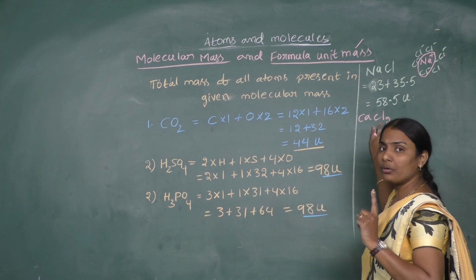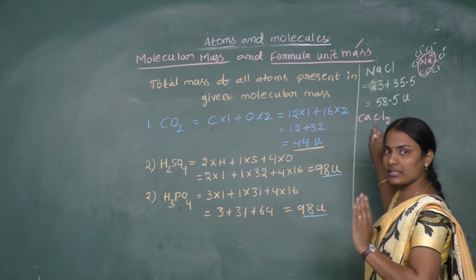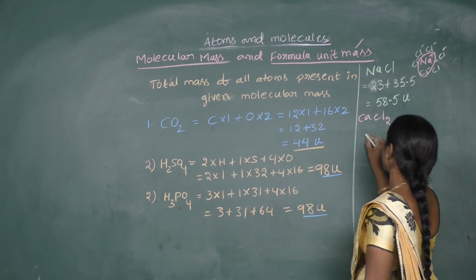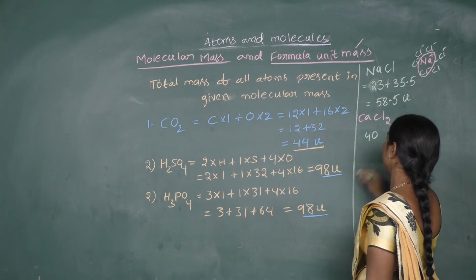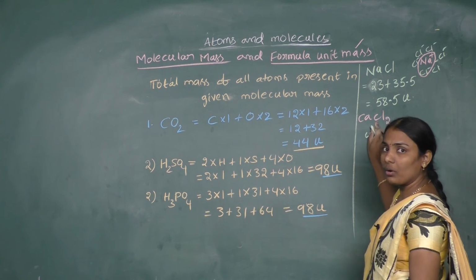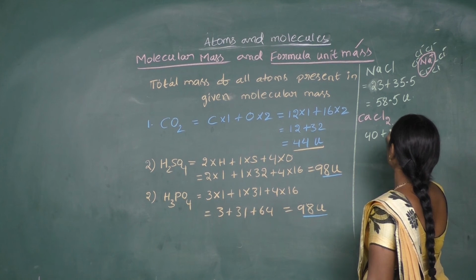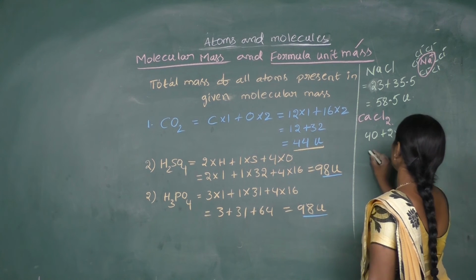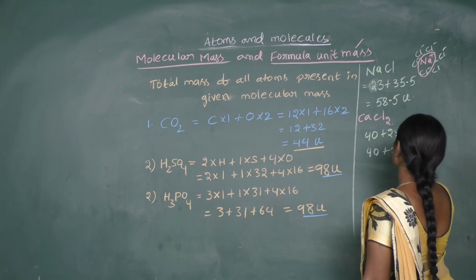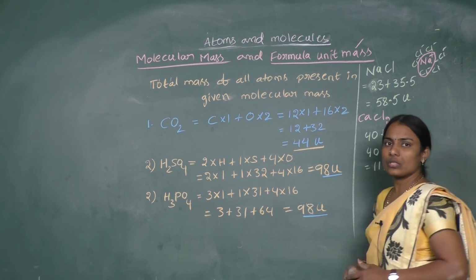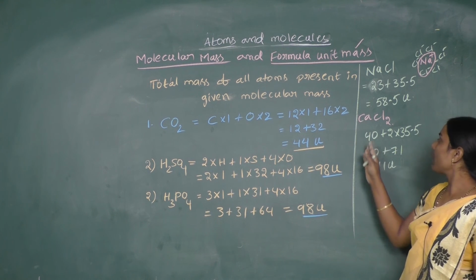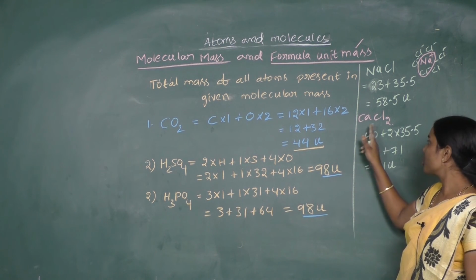So one formula unit of calcium chloride is CaCl2. How do we write its mass? The mass of one atom of calcium is 40 and each atom of chlorine is 35.5. So 40 plus 2 into 35.5, which is 71, gives 111 u. This is the formula unit mass of calcium chloride.